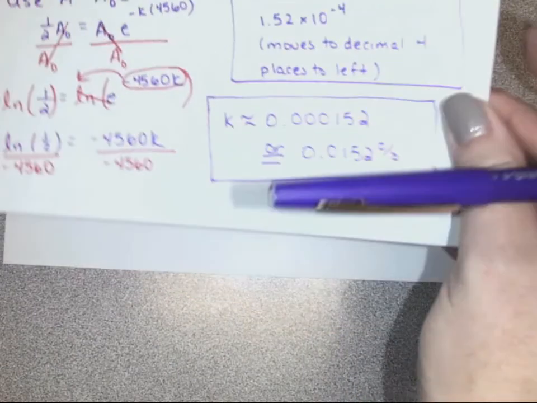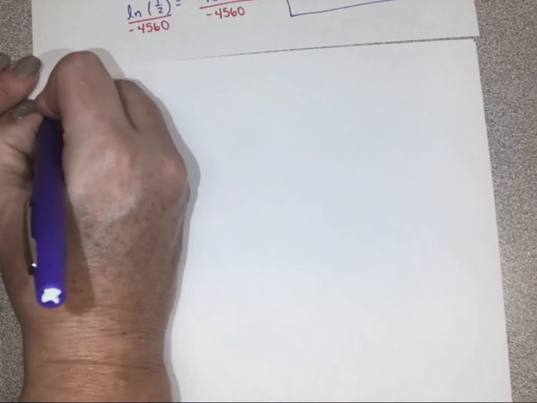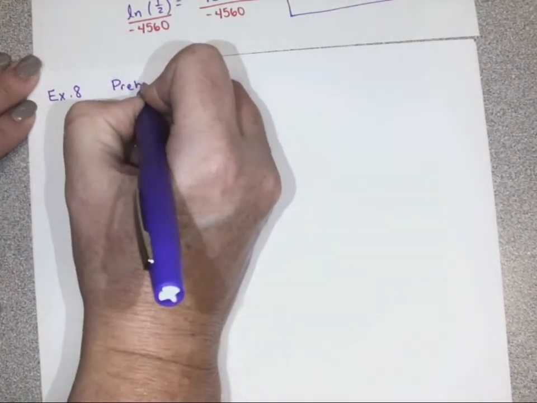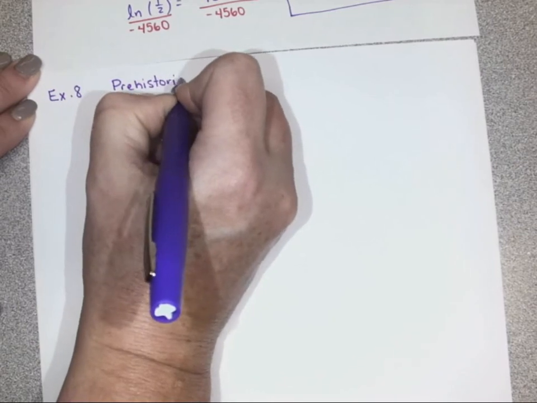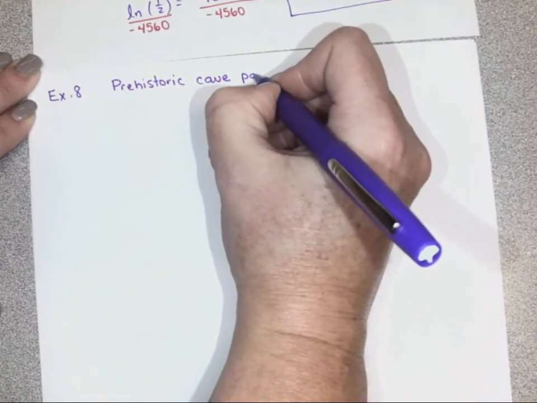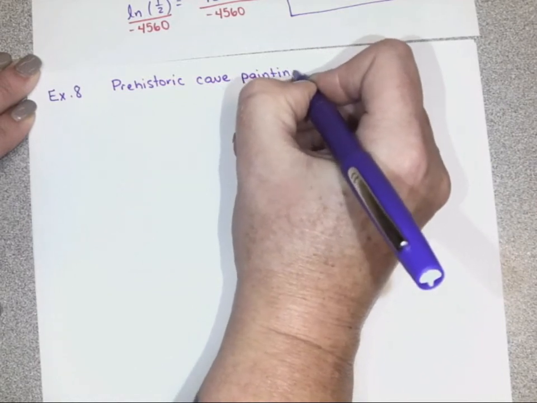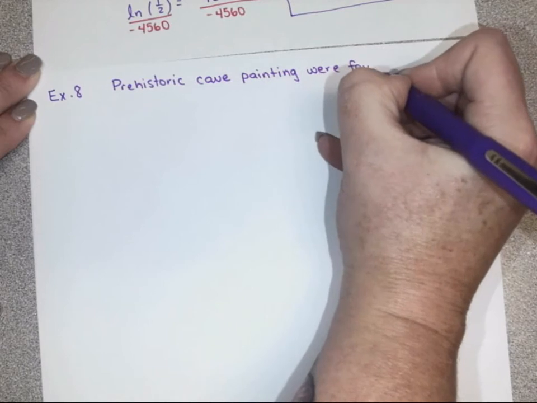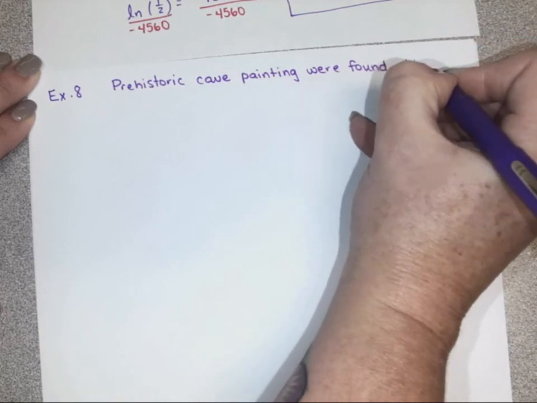Okay, so let's do one more. If you get a question on your homework about specifically carbon-14 dating, you can use the information from this problem in order to do that one that you get on your homework.